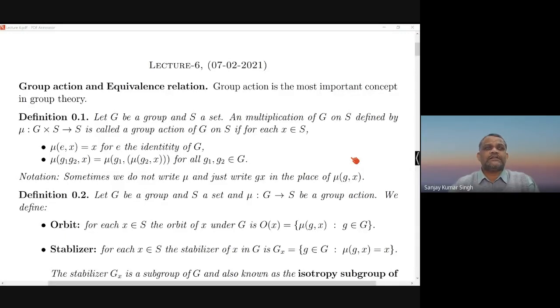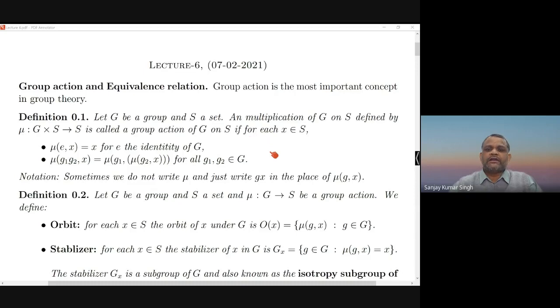Suppose I gave you a set and I ask you for some equivalence relation on this, then you can say, okay, if I give you a partition, then this is an equivalence relation. That's it. Now I will define a term called group action, and since we are working in group theory, we want some special type of relation, and that is basically group action.